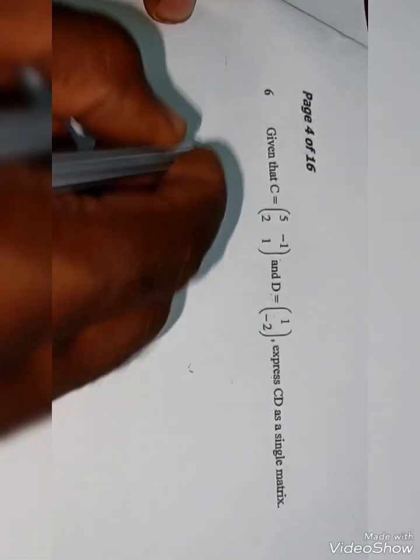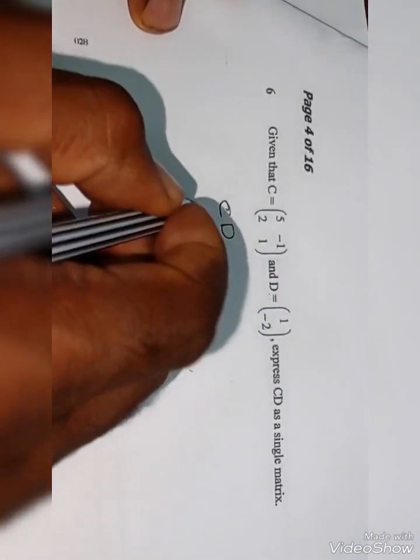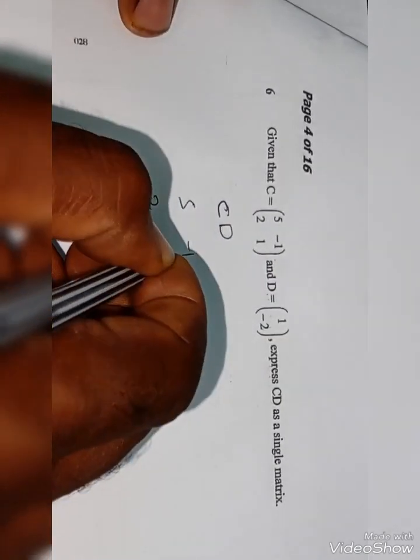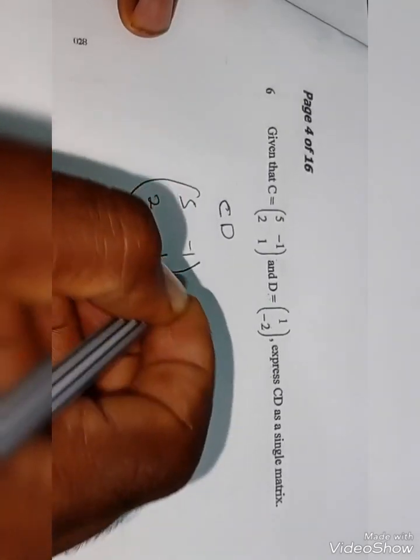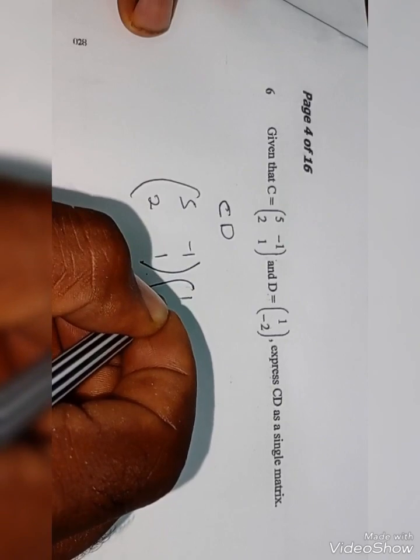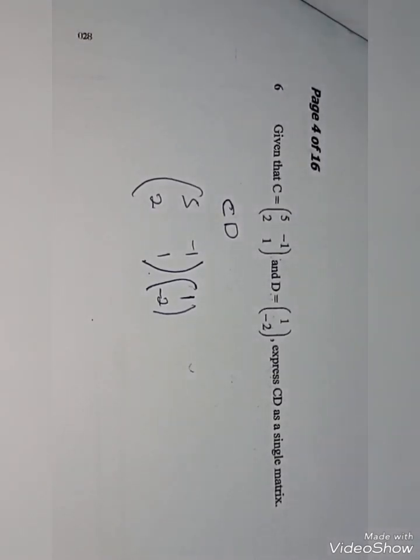So CD as a single matrix. Matrix C is 5, 2, negative 1, 1 times matrix D, which is 1, negative 2. Don't make a mistake by arranging DC instead of CD.